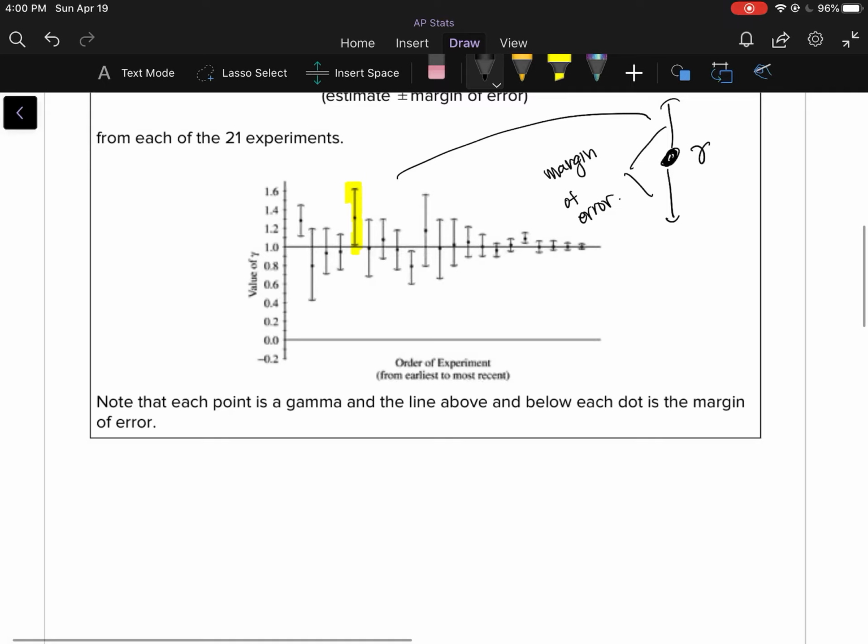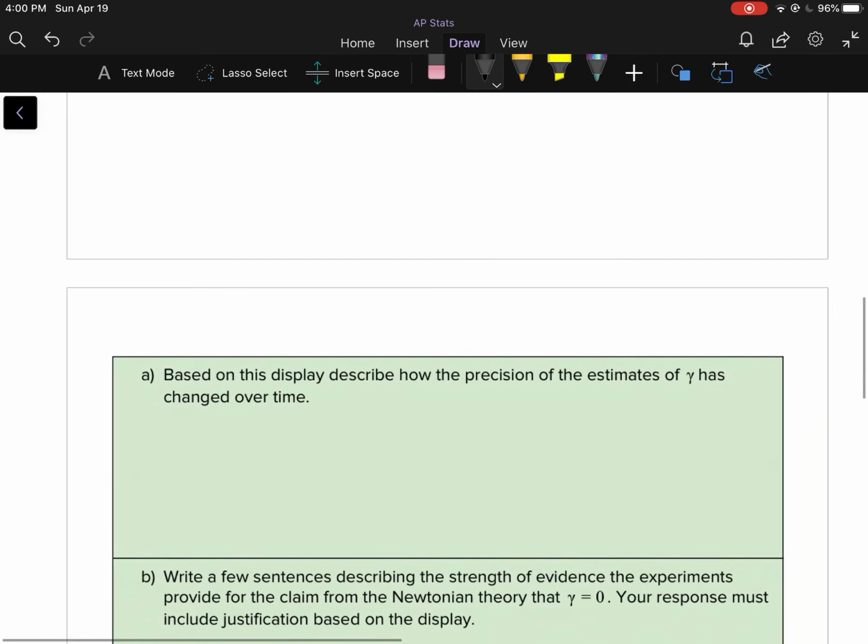So looking back at this display, as you notice, over time gamma starts to get more and more precise. And we say that because the margin of error is getting smaller and smaller.